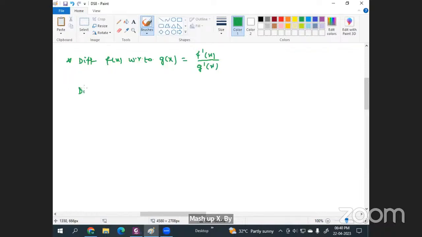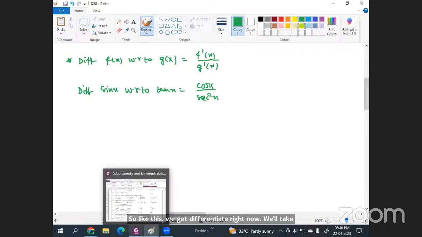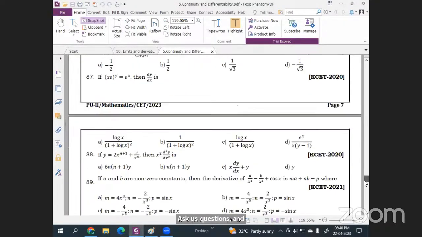Now differentiate sin x with respect to tan x. Tan x derivative is secant square x. Sin x derivative is cos x. Right? So like this we can differentiate. Now we'll take some previous year's questions and very important model questions we have.